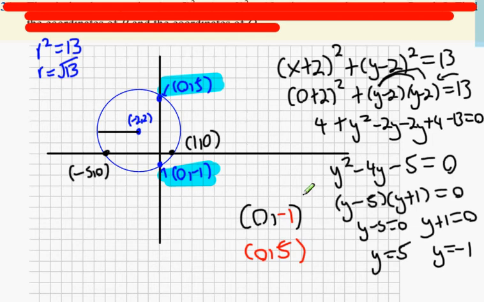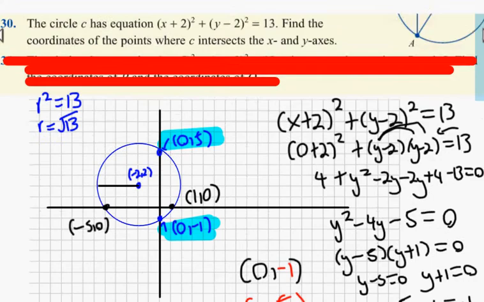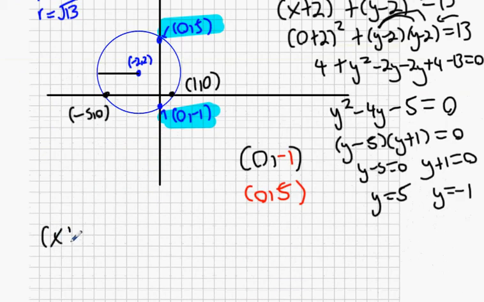You now have to do that for x as well. So what we're going to do this time around is reuse our formula. It's x plus 2 squared plus y minus 2 squared equals 13.